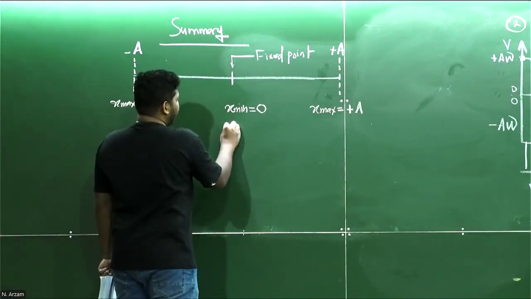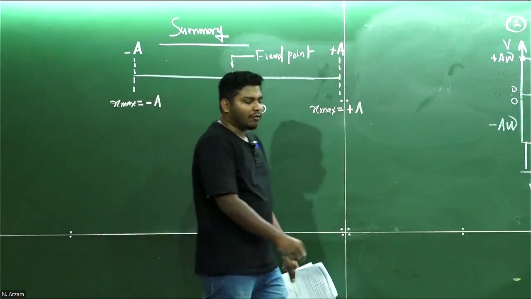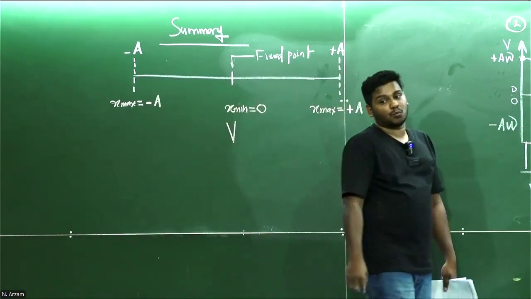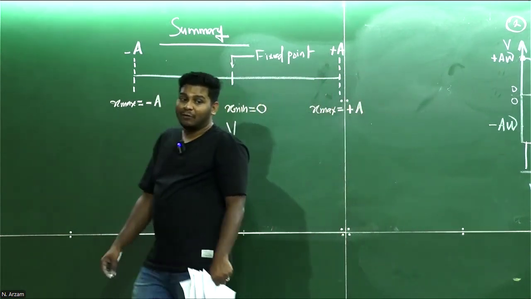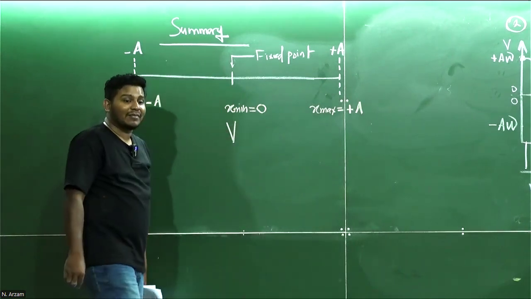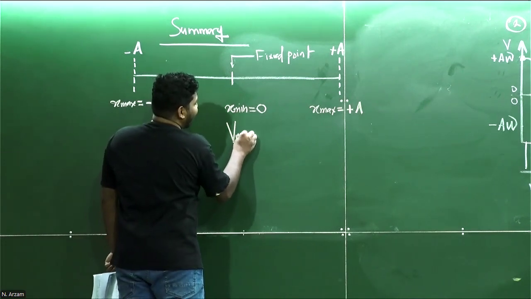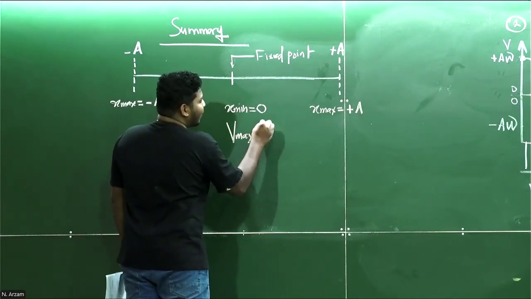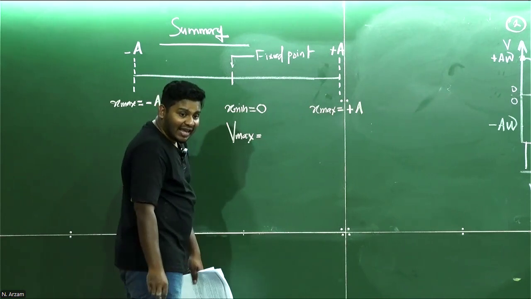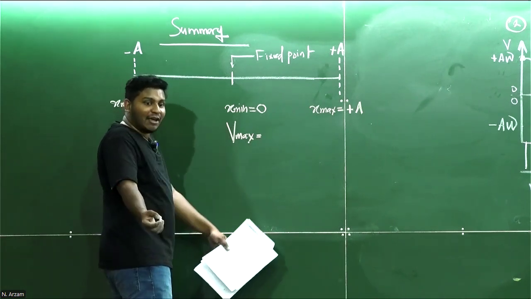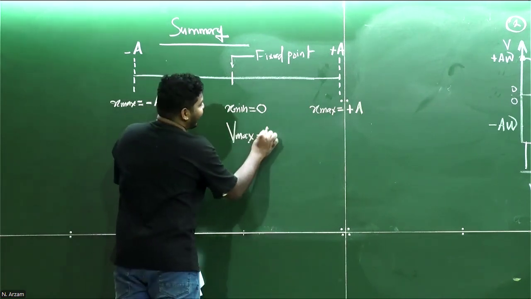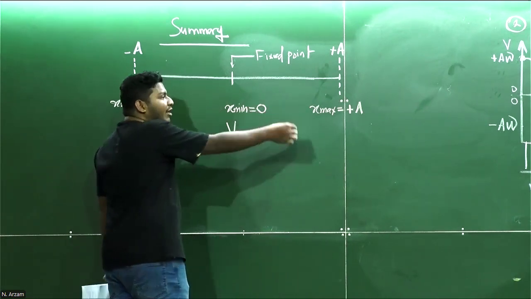In the fixed point, is velocity maximum or minimum? Maximum, yes. At the fixed point, what is the maximum value of velocity? A omega, right? So the maximum value is A omega. The equation is A omega cos theta.